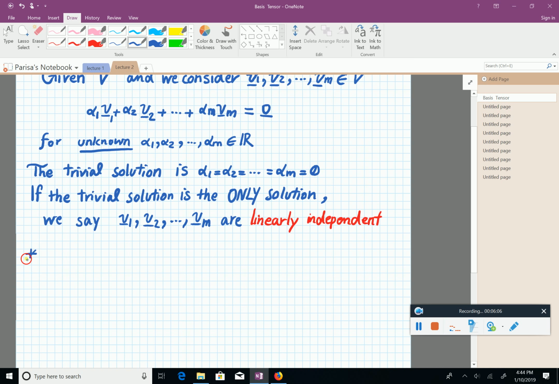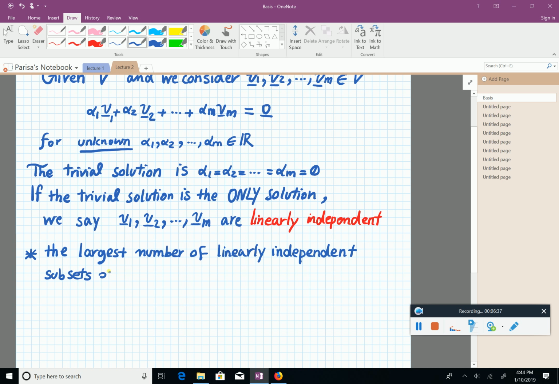It turns out that the largest number of linearly independent subsets of any vector space V is, I use the word, bounded.